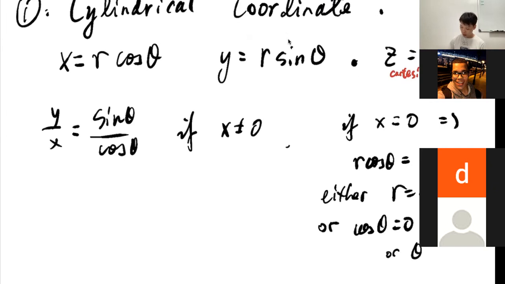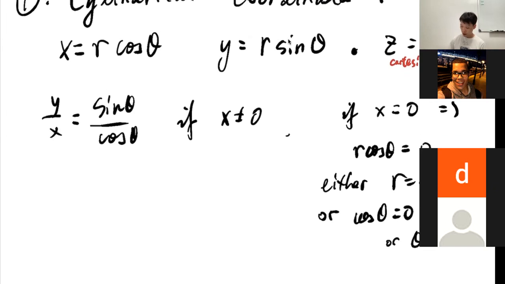Or theta is equal to, what's the other one, 3 pi over 2. Okay. And then to further distinguish these two, we use the y coordinate. All right, if y is positive, that means you have pi over 2. If y is negative, you have 3 pi over 2.